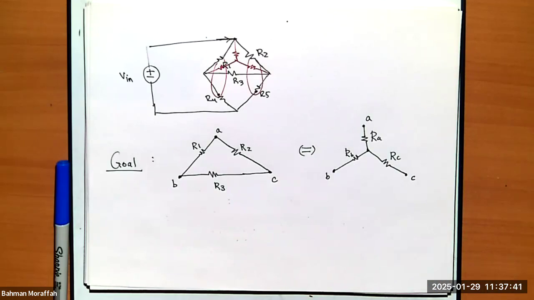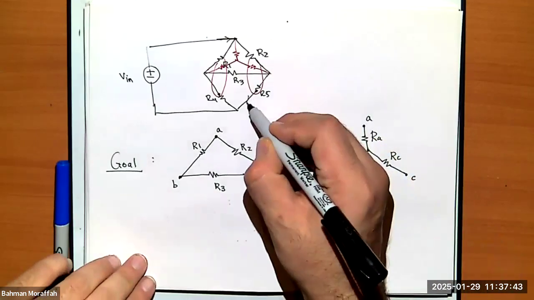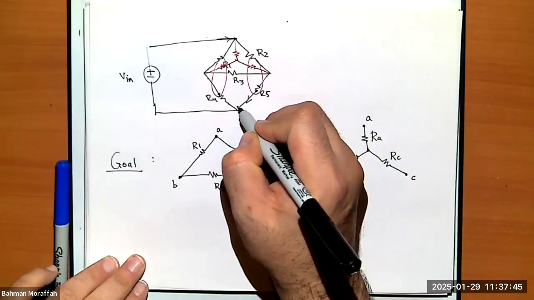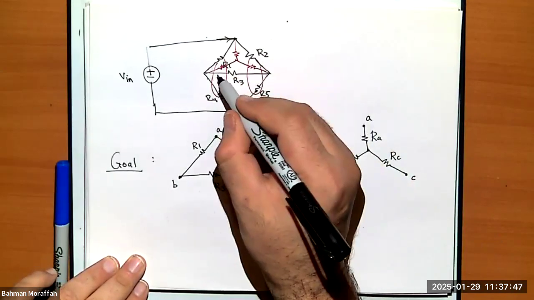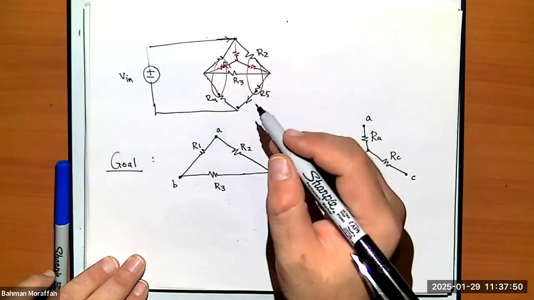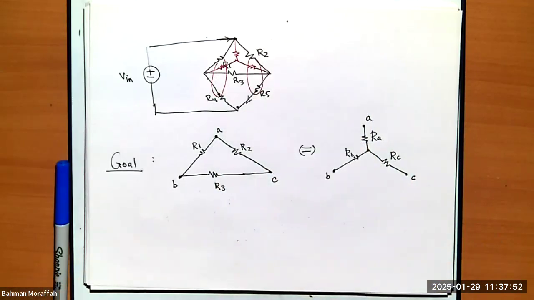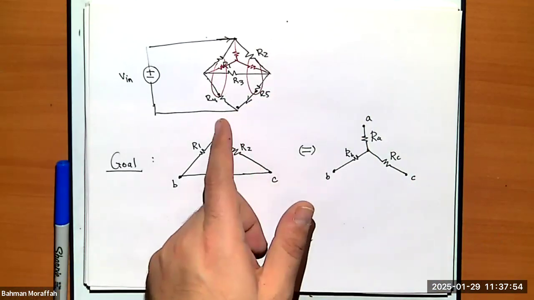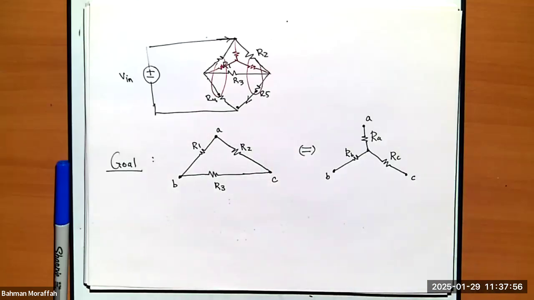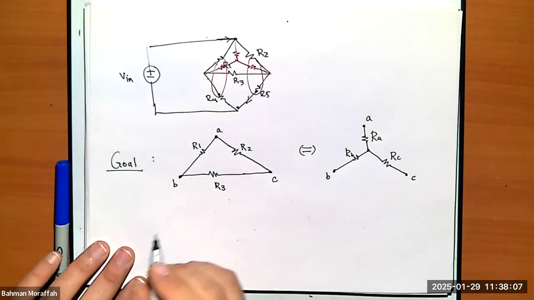Basically, if I'm looking at the current here, or the voltage across this, since this is not a part of this triangle, I want the voltage across them, for example, or current through them, to remain unchanged when I'm going from triangle to the upside down Y. So the goal is to have a replacement for this.